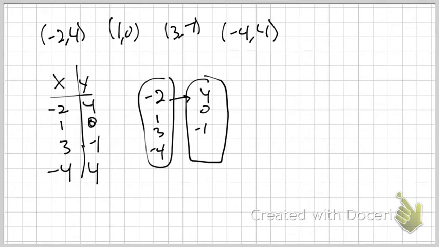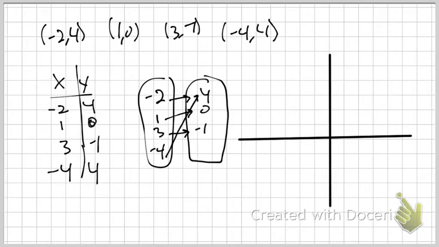And then -2 would point to 4, 1 would point to 0, 3 would point to -1, and -4 would point to 4. And lastly, it asks for a graph, which would have points -2, 4 on it, 1, 0, 3, -1, as well as -4, 4. There it is. That's everything.